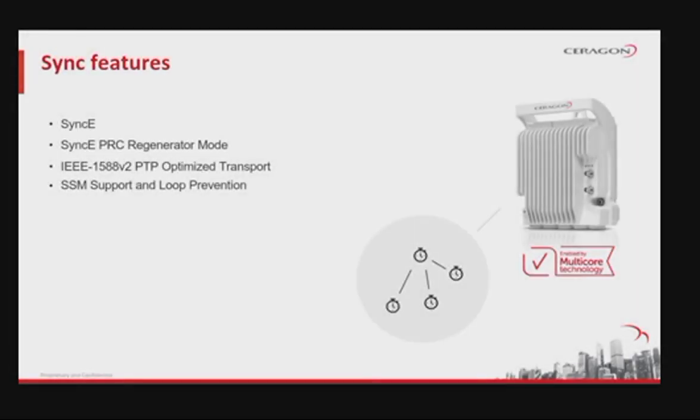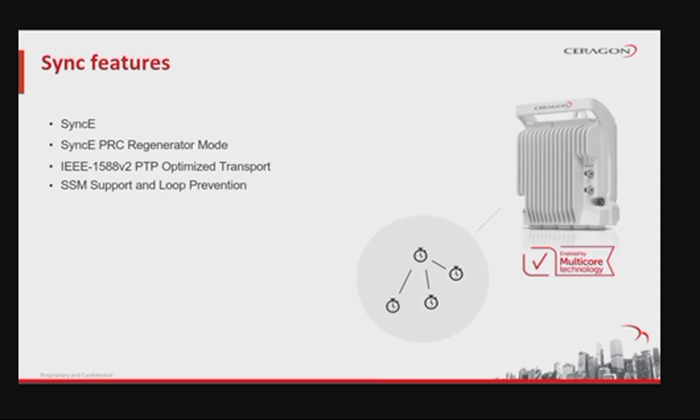Fiber IP-20C represents a flexible synchronization solution that enables operators to configure a combination of synchronization techniques based on the operator's network and migration strategy, including PTP optimized transport, supporting IEEE 1588 and NTP, with guaranteed ultra-low packet delay variation and support for ACM and narrow channels.